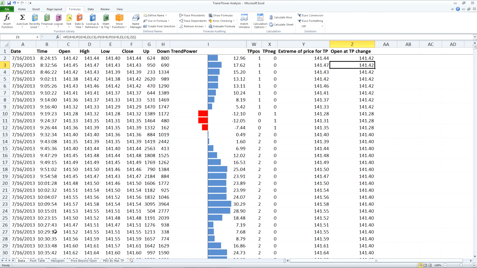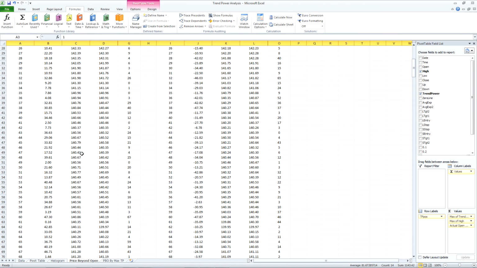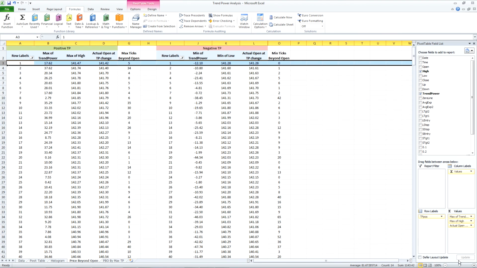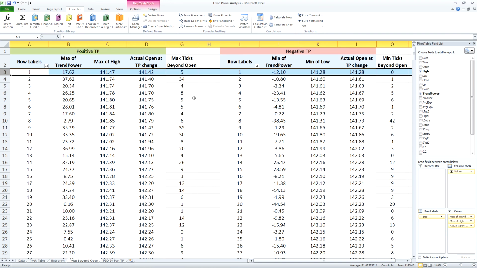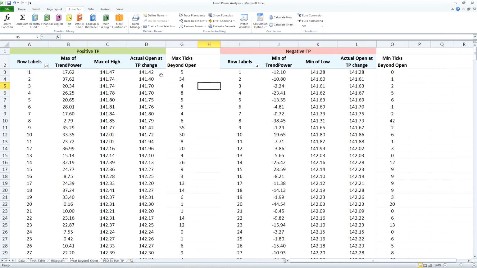So what I then did was create a couple of pivot tables, one for positive trend power, one for negative trend power, and I used this to identify the number of ticks that price exceeded that opening price of each trend power swing, and put that next to the maximum value of the trend power for each swing.